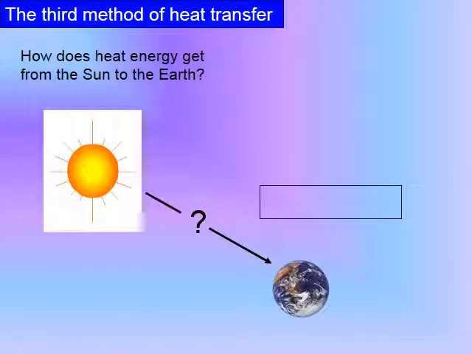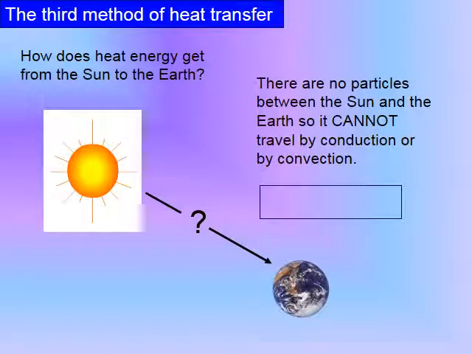Now, the third method of heat transfer is called radiation. Radiation is how the Earth receives heat from the sun. Now, there are no particles between the sun and Earth, so it can't travel by direct particle-to-particle contact like conduction. Nor is it liquid or gas, so it's not convection either.